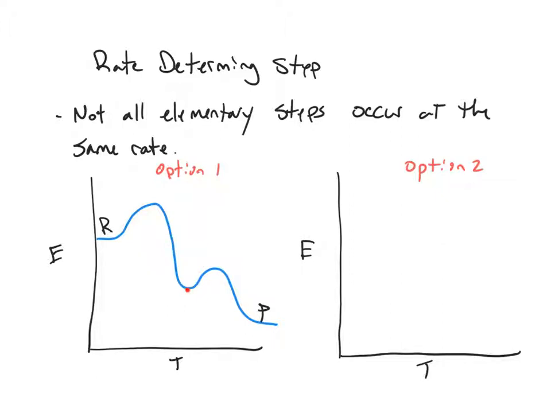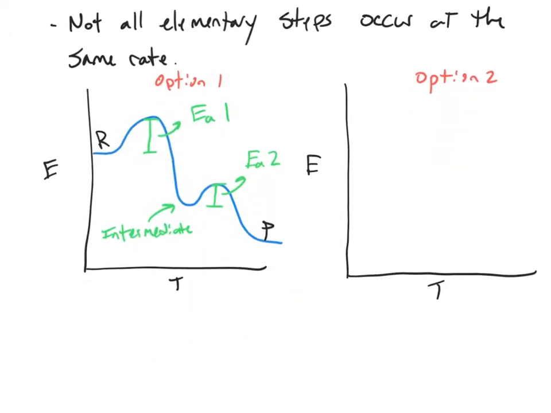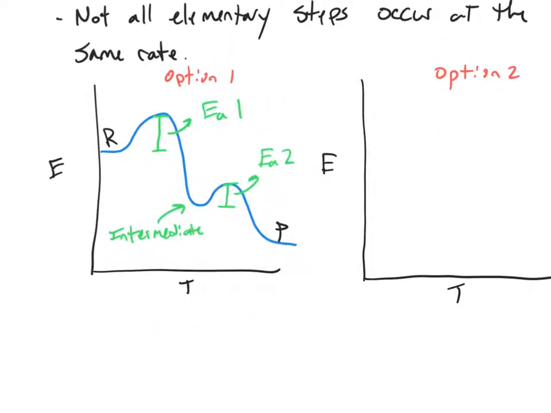Remember, an intermediate is that stuff that gets produced in reaction 1 that gets used up as a part of reaction 2. I went ahead and labeled those 2 points on this potential energy profile. Now, the last part that I want to point out is this second bump, which represents the activation energy for elementary step number 2.